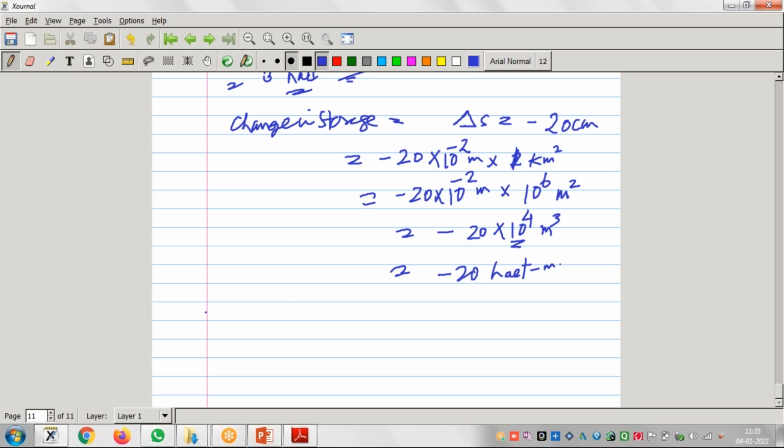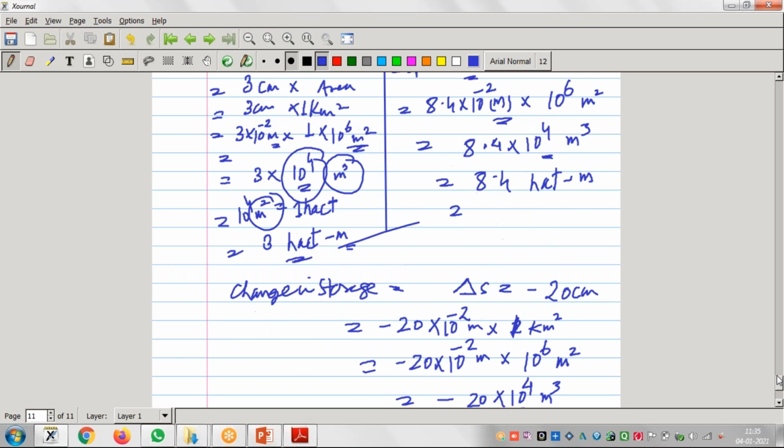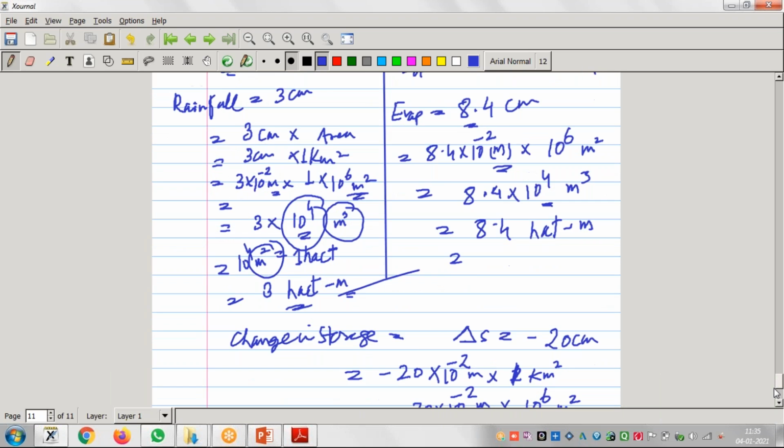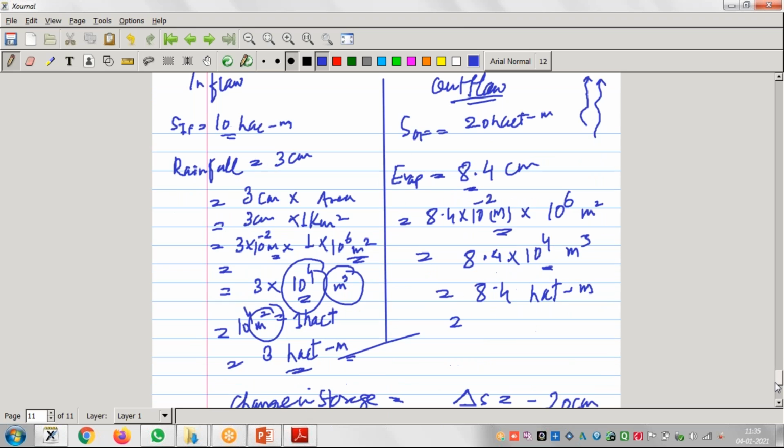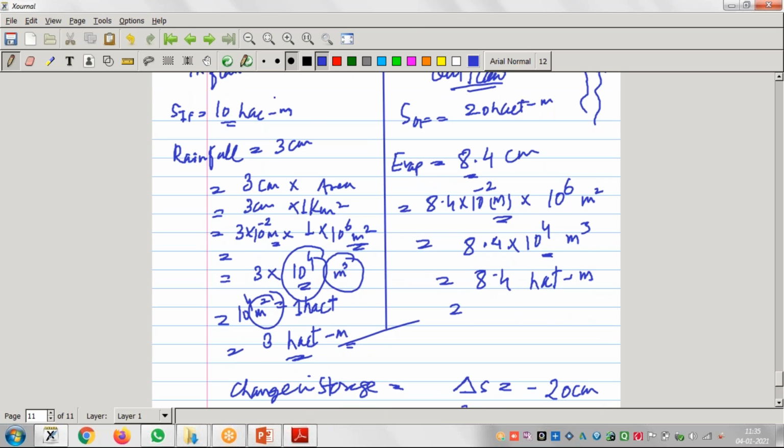Now we know that inflow minus outflow is equal to change in storage, right? Inflow we have already calculated. Inflow is 10 hectare-meter and 3 hectare-meter. And outflow is 20 and 8.4, right?